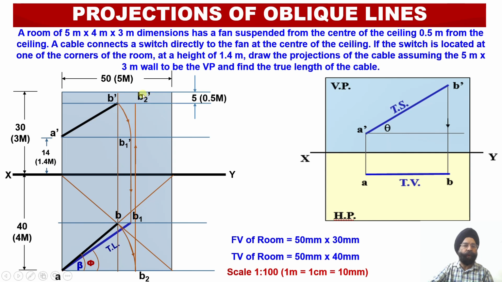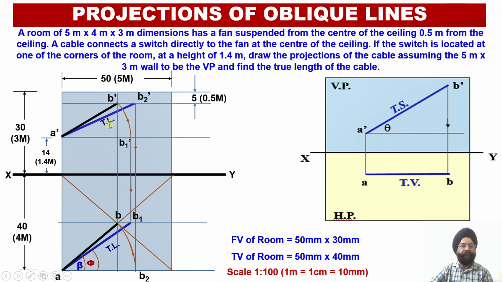And the moment I obtain this point B2 dash, now I need to join A dash with B2 dash once again using a blue color line, just to distinguish between the apparent length A dash B dash, which was drawn with black color, and A dash B2 dash, which has been drawn with blue color. So the blue color line A dash B2 dash happens to be the true length.